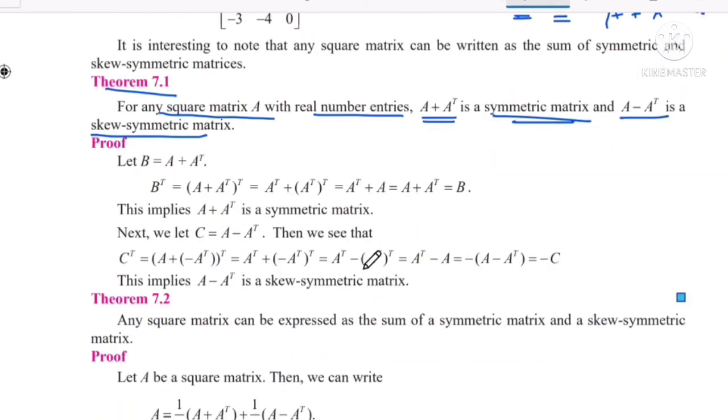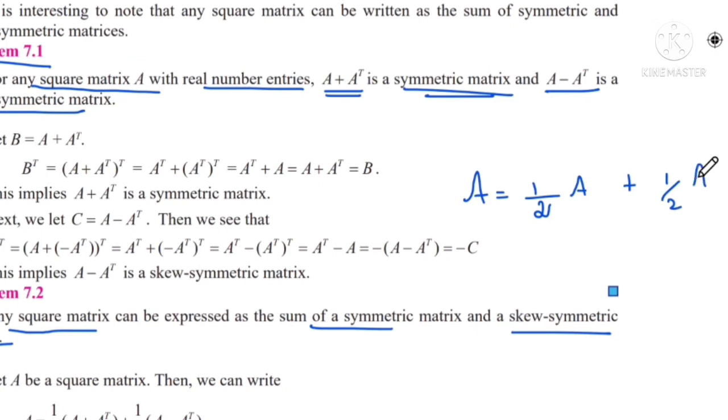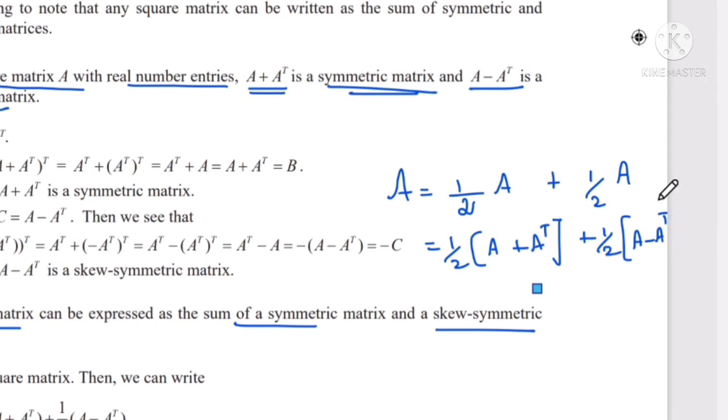The fourth important thing is we can write a square matrix as a sum of symmetric and skew symmetric matrices. For example, you take A, we can always write it as a sum of symmetric and skew symmetric. How do you write? You can write A as half A plus half A, isn't it? Now, with this half A, add A transpose and here subtract. The value has not changed, right?